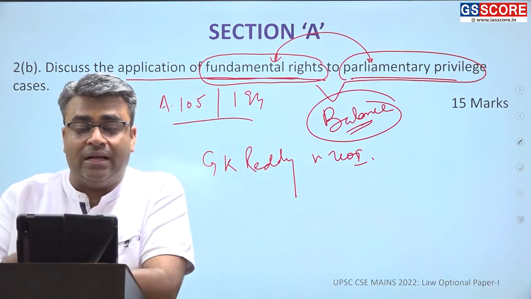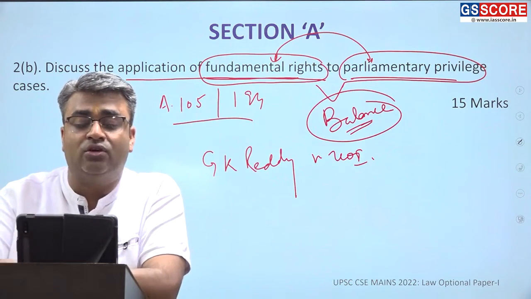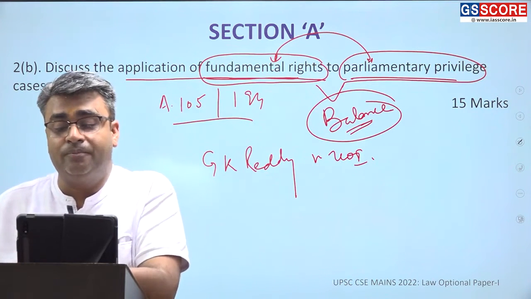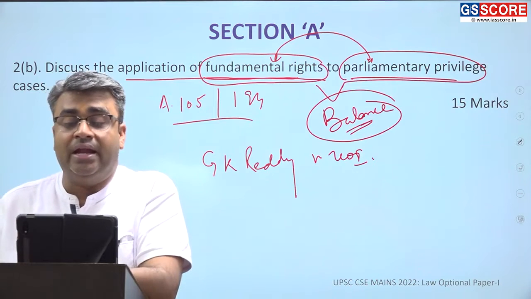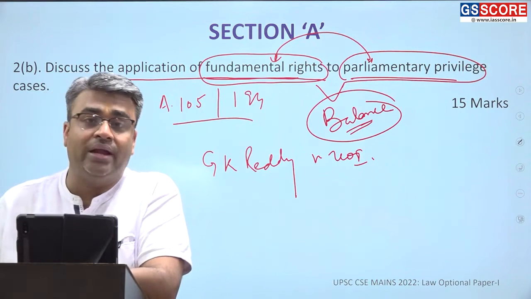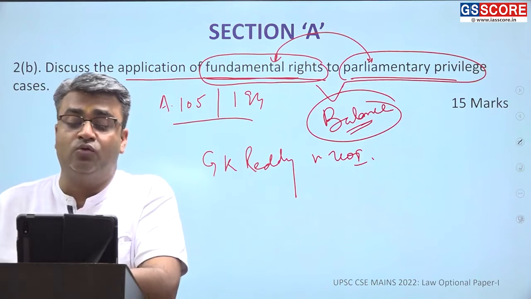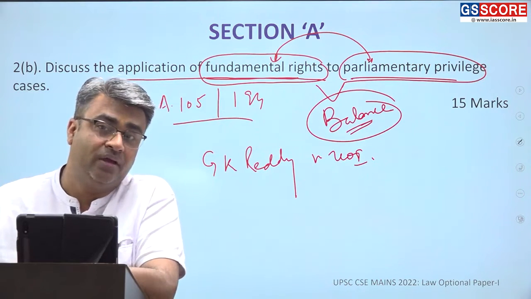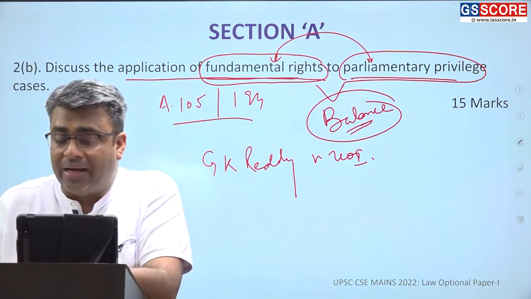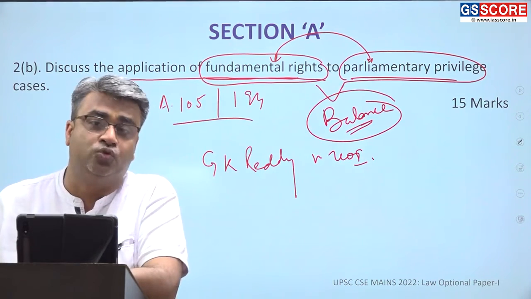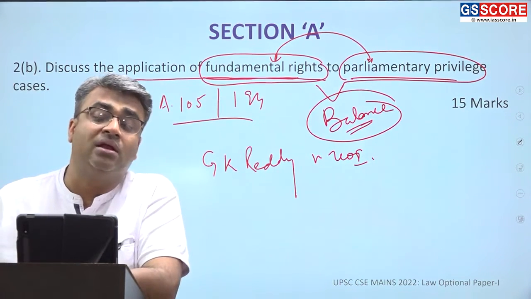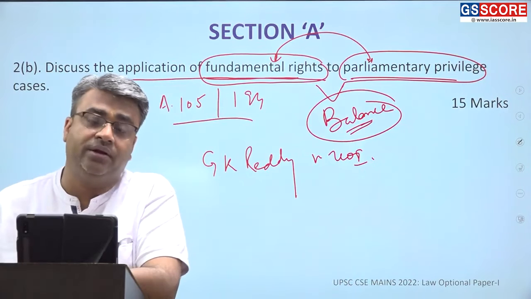So the assembly, aggrieved by the decision of the court, passed a resolution that the judges, Keshav Singh and his advocate had committed contempt of the House and should be taken into custody. Now you can understand how parliamentary privilege is sometimes used in violating the fundamental rights of the citizens of this country.